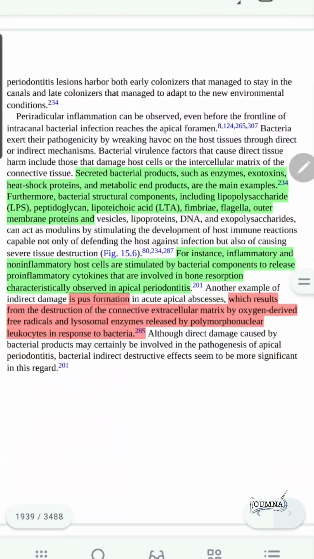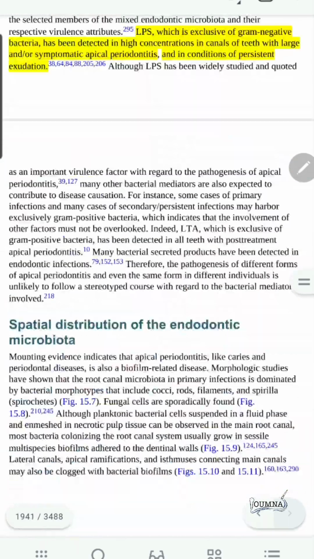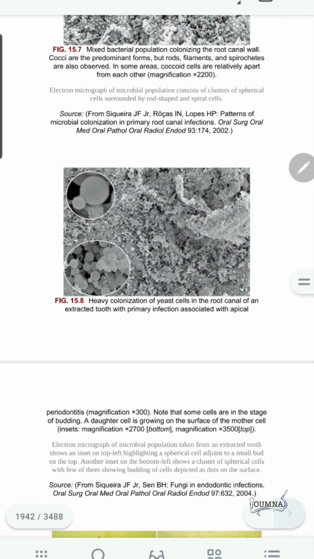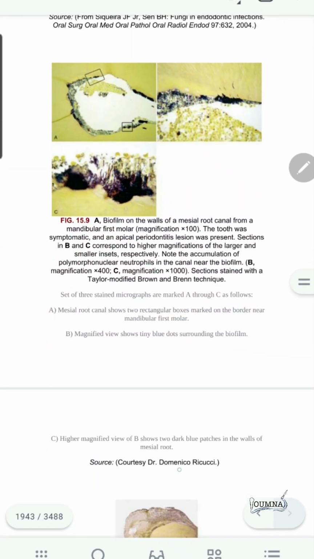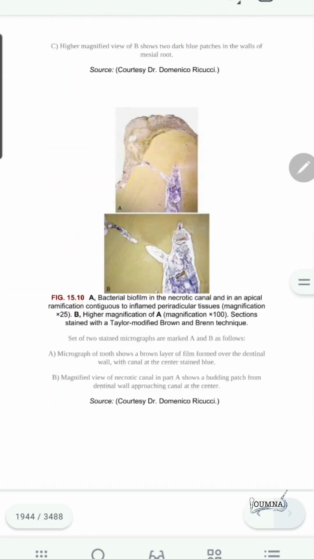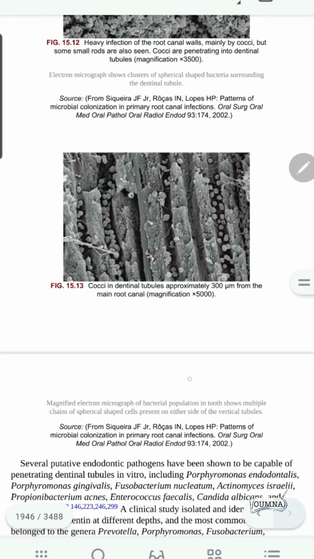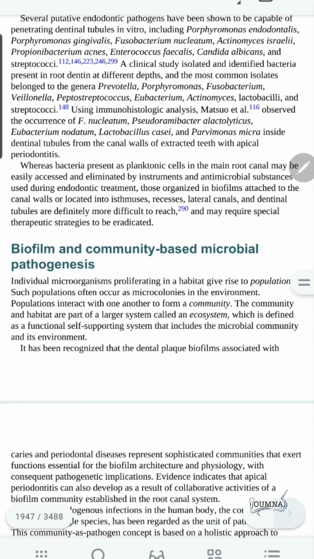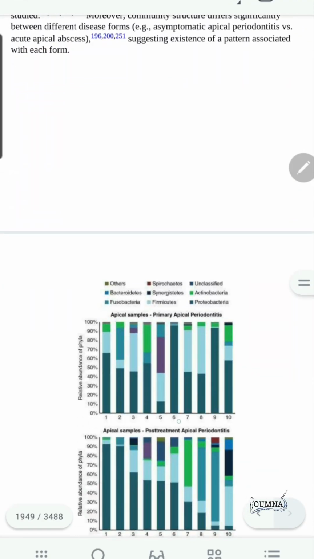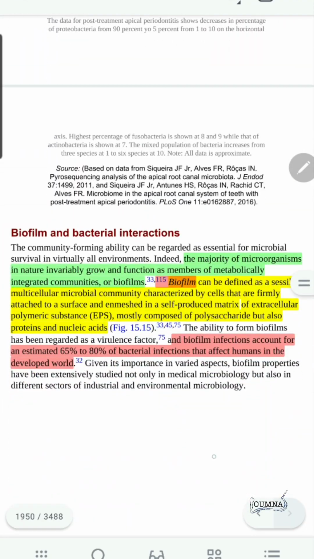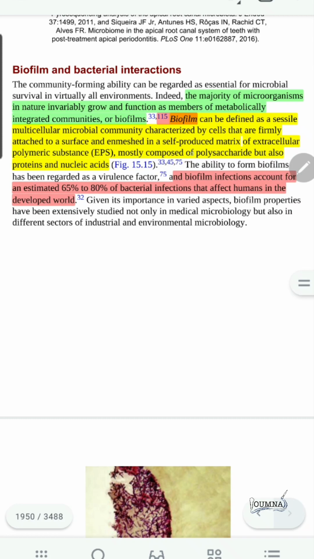Actually, the invasion of the bacteria is so organized. At first we can see different types of bacteria that may differ as the invasion proceeds deep inside the pulp. So there are different types of biofilms in different portions of the pulp.